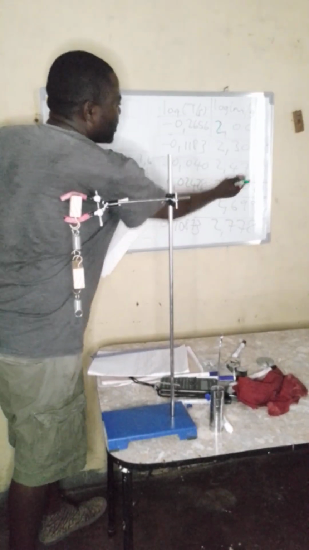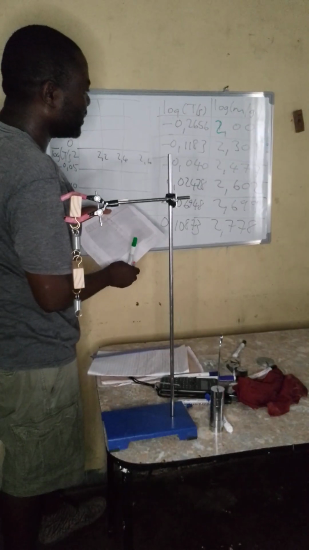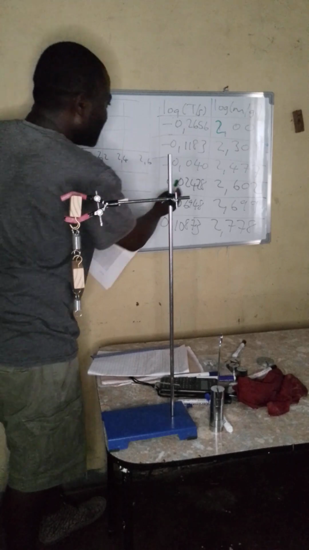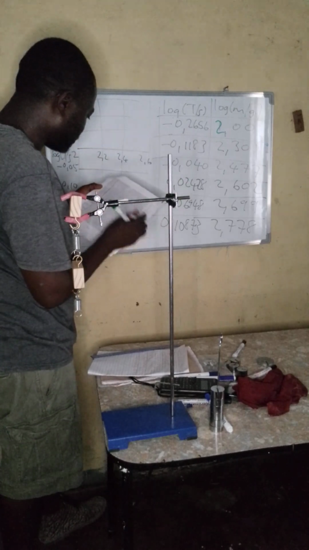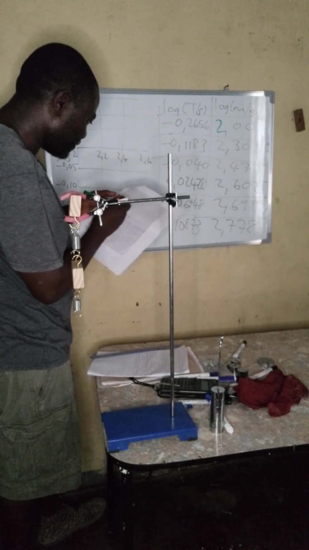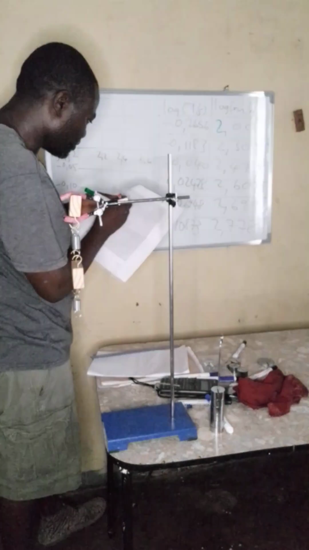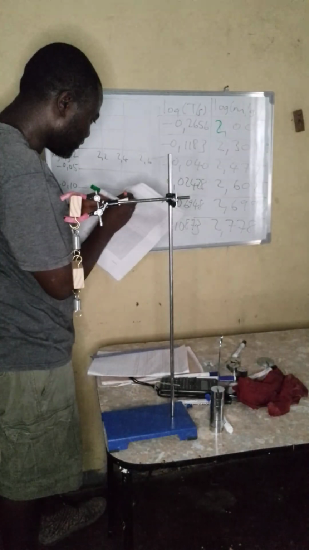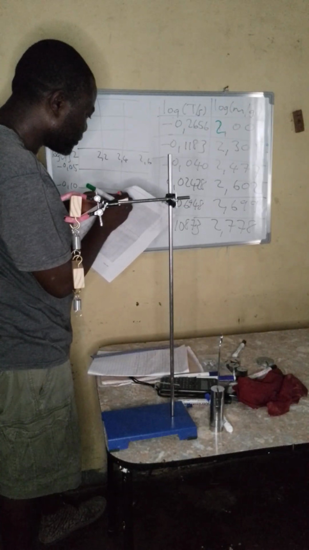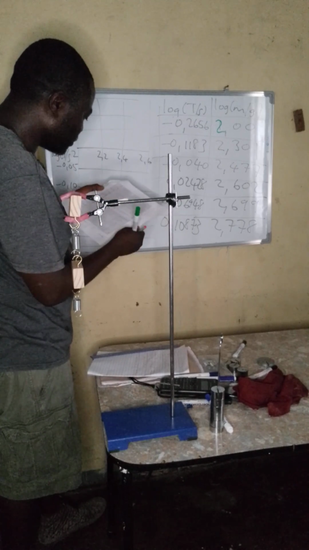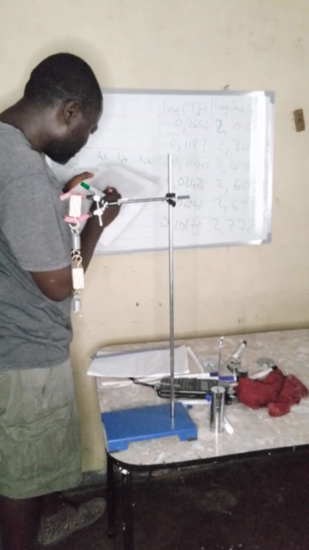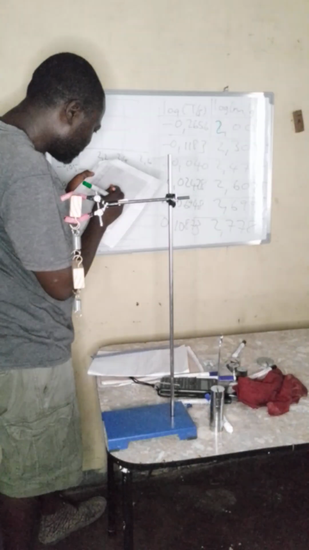Minus 0,04 against 2,477. Then move on to 2,6 and 0,02. So this should be 0,05, 0,10, 0,15, 0,20. So 2,6 against 0,02.